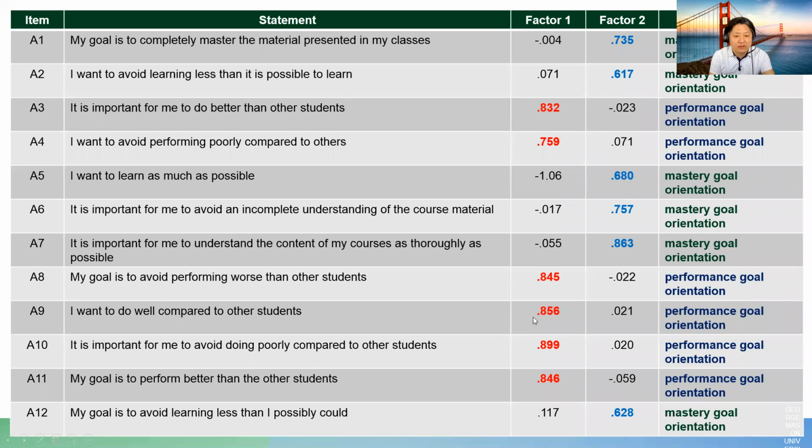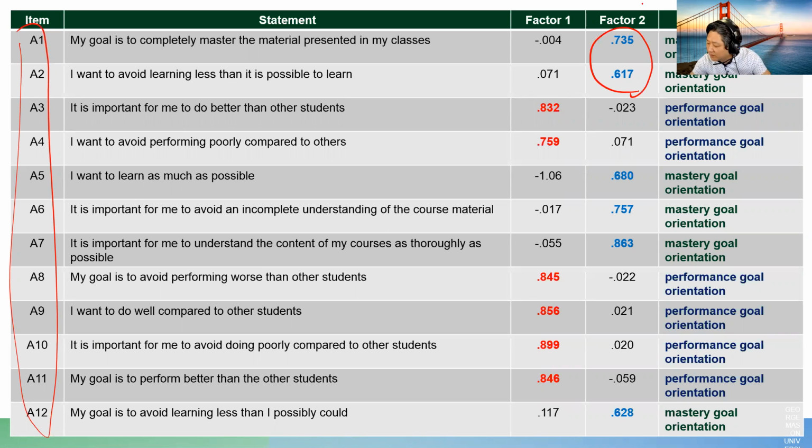Okay, so like this. And then I summarize the result. We have 12 items in this case, but in your homework, you have 12 variables, not items, okay? Maybe 10 variables or something. And then we have the 2 items that load on the second factor. These items load on the first factor, these load on the second factor.